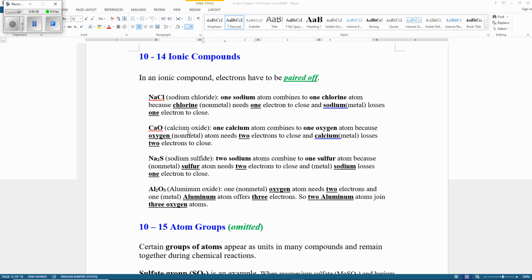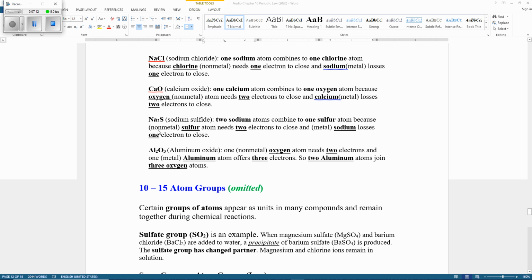Now calcium and oxygen combine. Calcium wants to give 2 electrons, plus 2. Oxygen needs 2. So you're going to have 2 electrons to transfer. Now when sodium and sulfur combine, sodium wants to give 1, but sulfur needs 2.